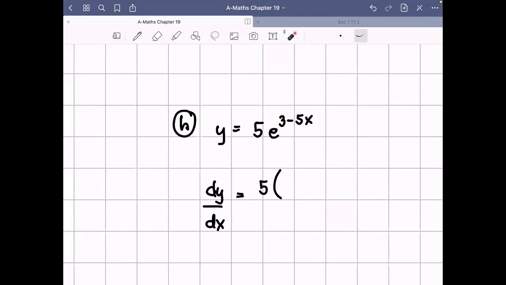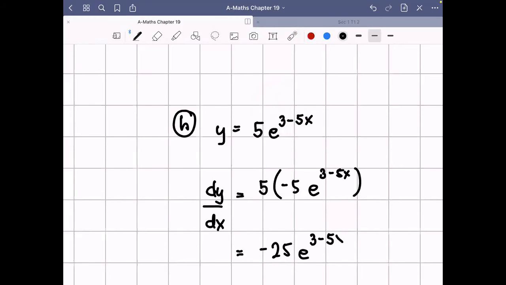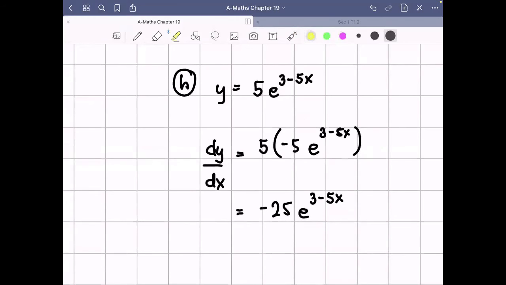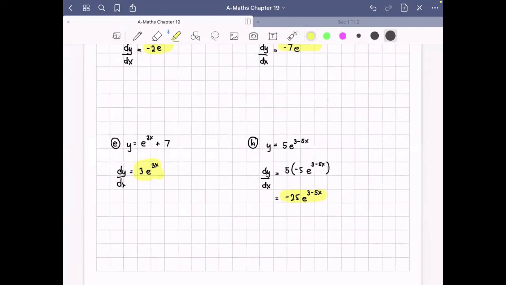So we have a negative 5 and then e raised to 3 minus 5x. So therefore, your final answer is negative 25 times e raised to 3 minus 5x. So this is your answer for letter H.